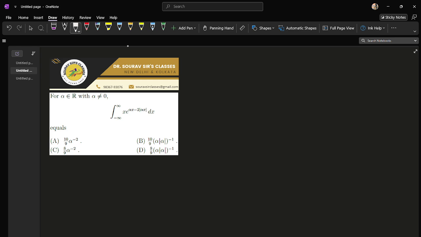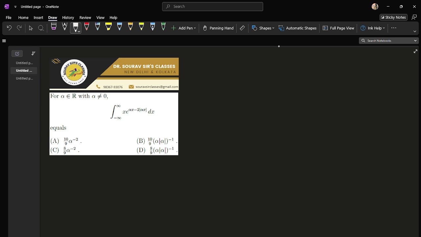There are four options: A is 10 by 9 alpha to the power minus 2. Option B is 10 by 9 alpha into mod alpha to the power minus 1. C is 8 by 9 alpha to the power minus 2. And D is 8 by 9 alpha into mod alpha to the power minus 1.